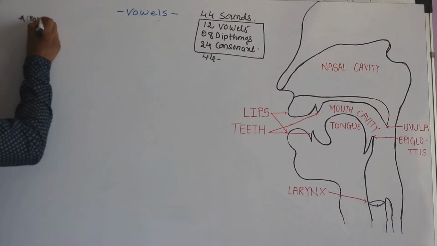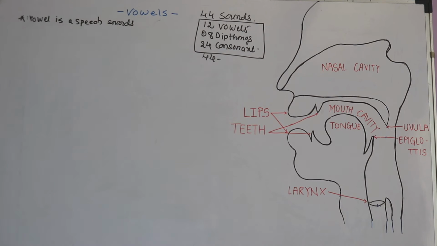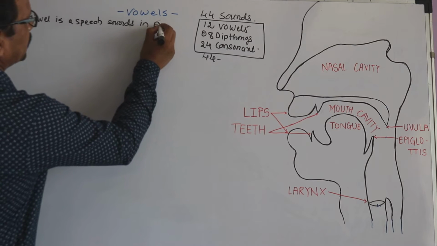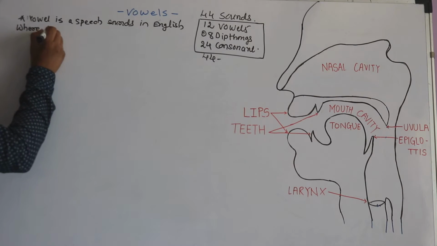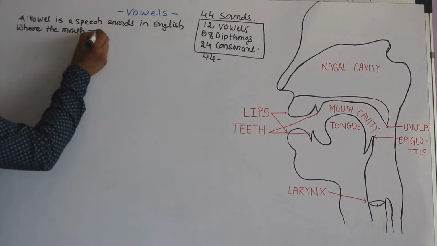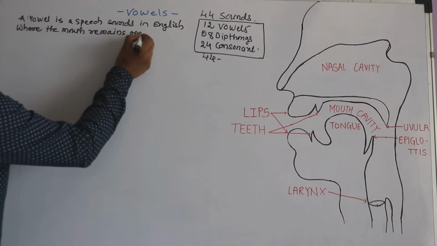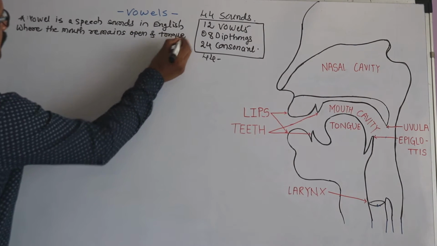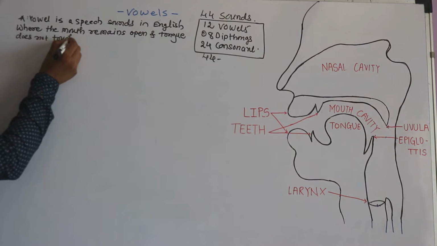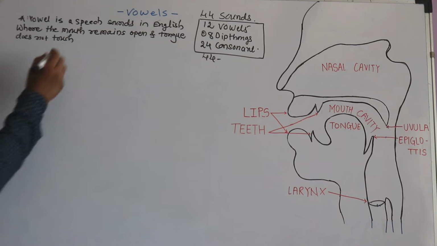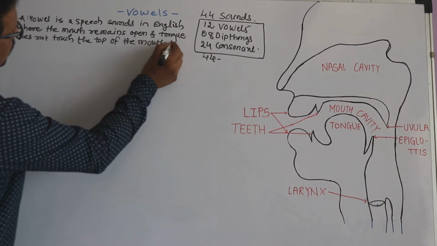A vowel is a speech sound in English where the mouth remains open and the tongue does not touch the top of the mouth or teeth.